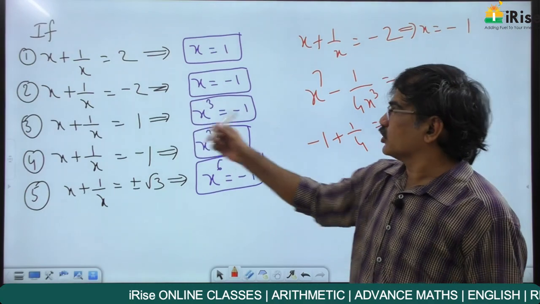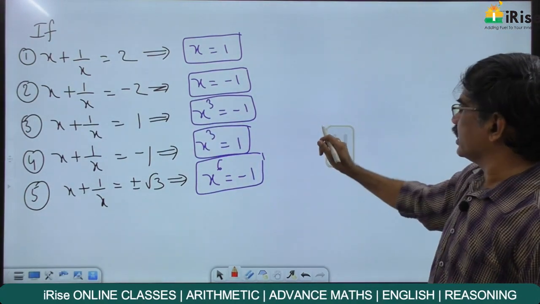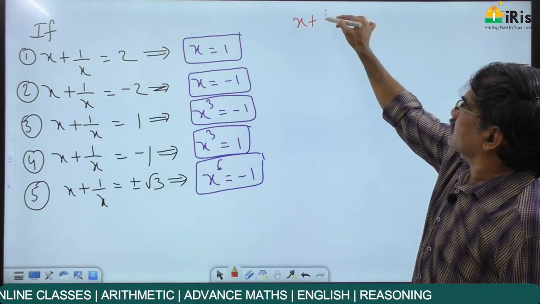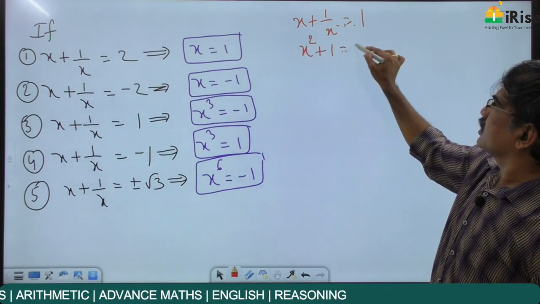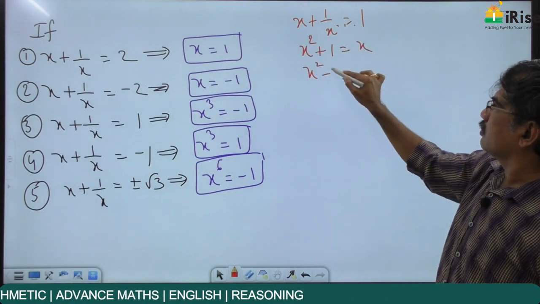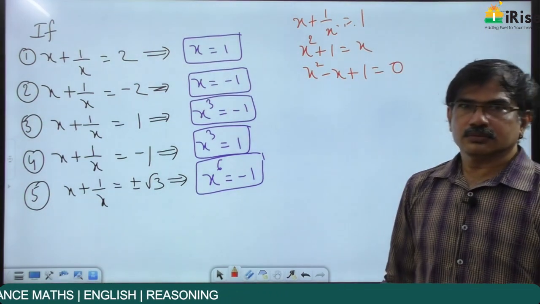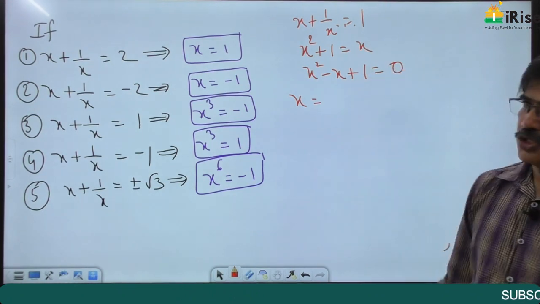Next I want to explain this one. This is very important. If x plus 1 by x is equal to 1, then x square plus 1 is equal to x. x square minus x plus 1 is equal to 0. Here, what is x? This is a quadratic equation.